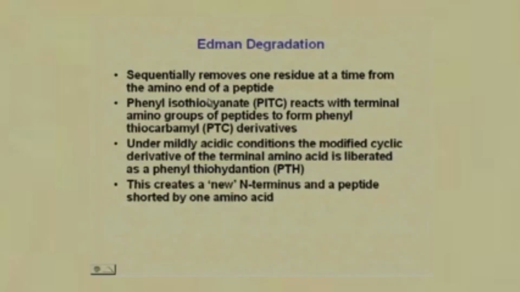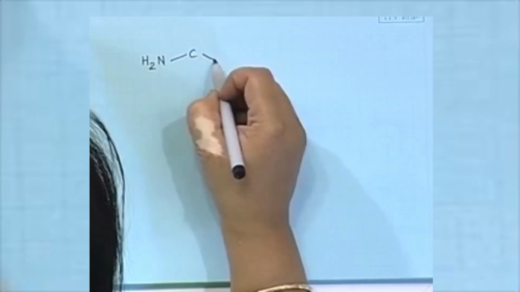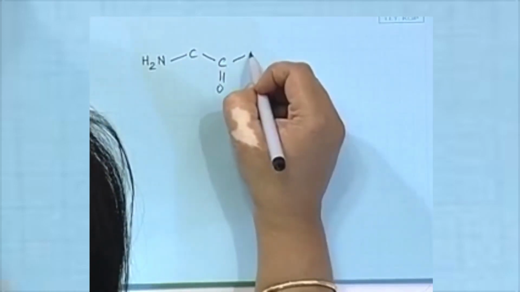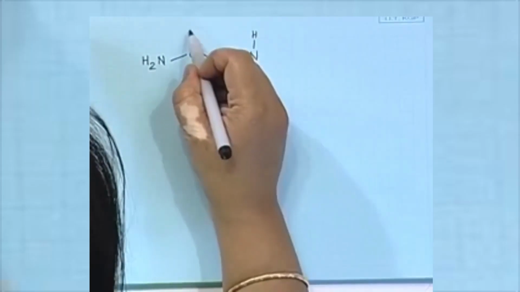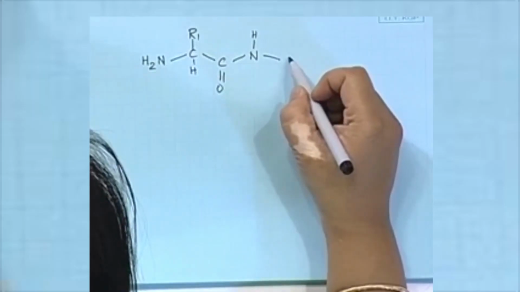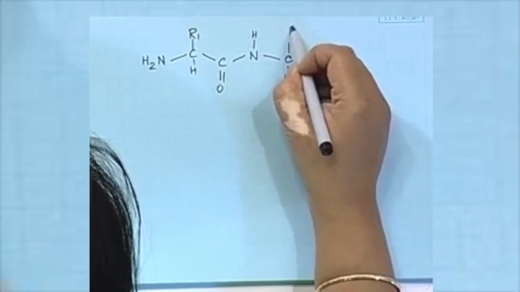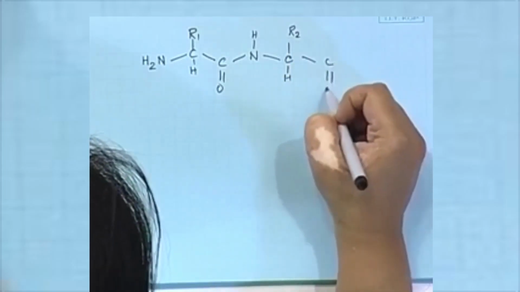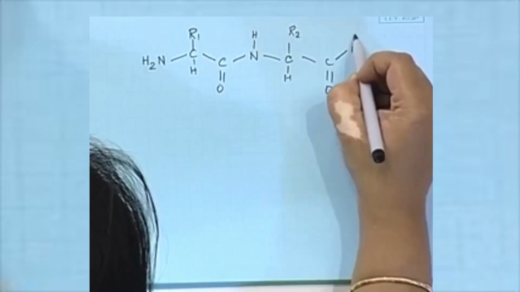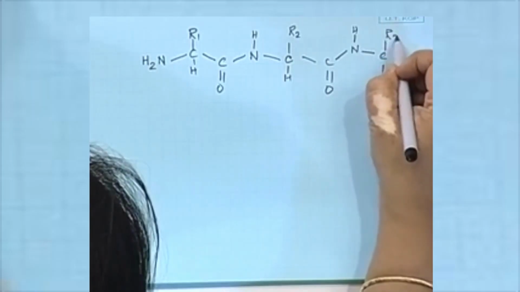So if we have our polypeptide chain, we have an R1 group here, and we are going to have our second R group here, that is going to be linked to the third R group here, right?